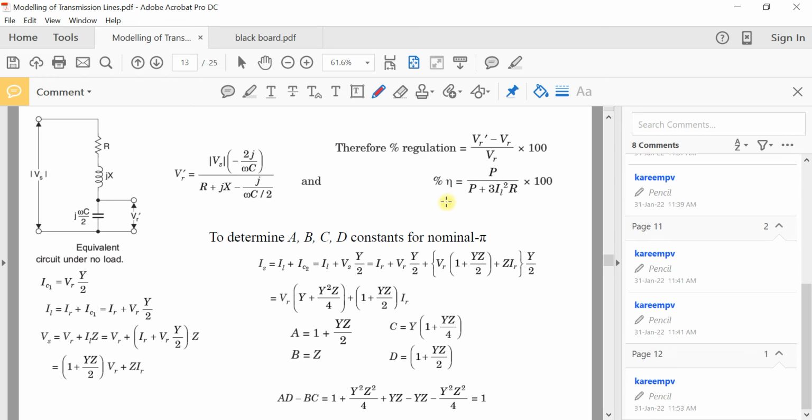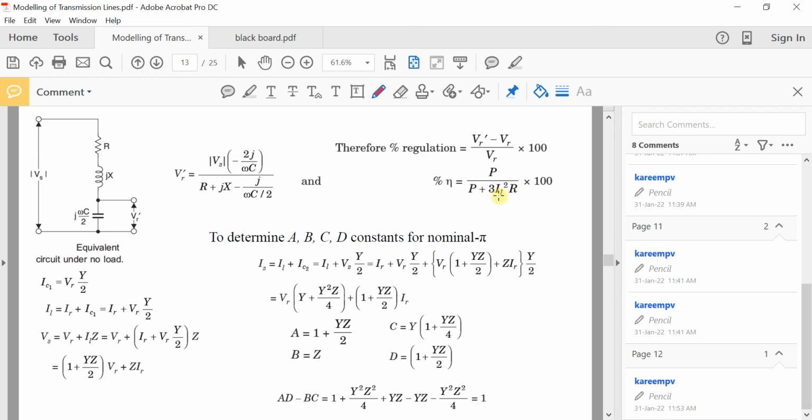And this is the same formula which we have used in case of T representation for calculating the percentage efficiency. The P is the three phase power received at the receiving end, and R is the per phase resistance of the transmission line.